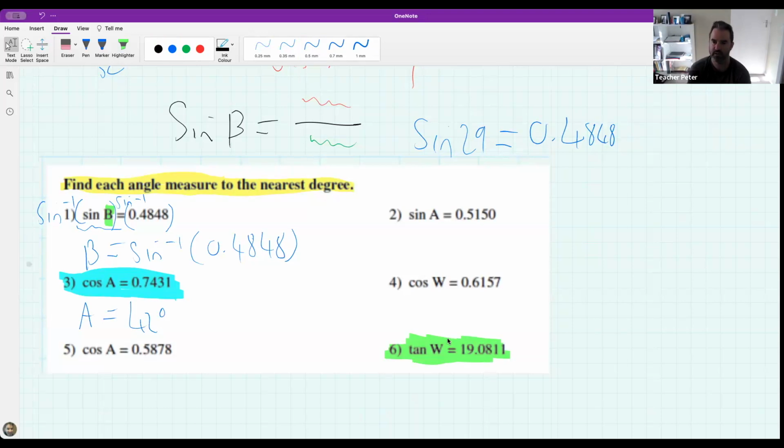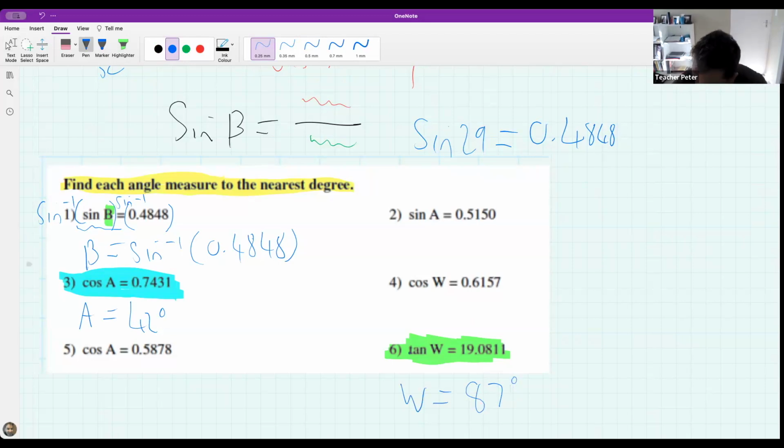What do we get for that? So we're going to have to use inverse tan to unlock the W. So shift, tan, 19.0811, and we get 86.9999. So basically W is 87 degrees.